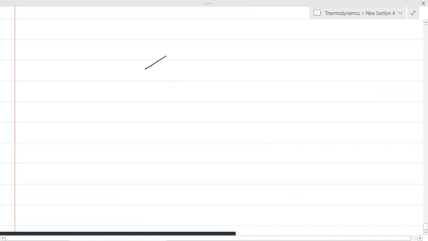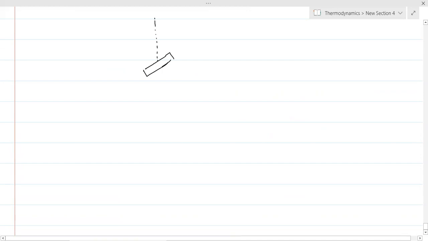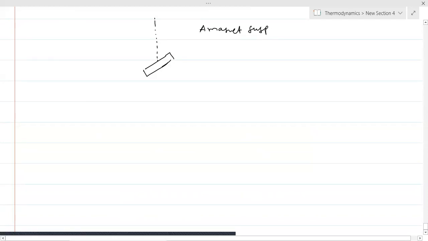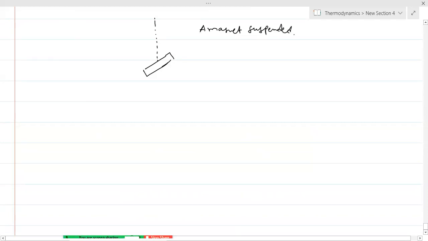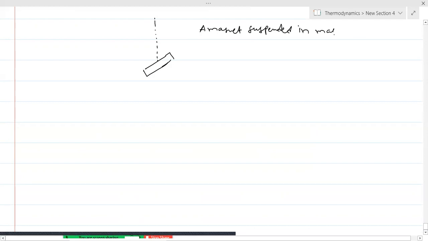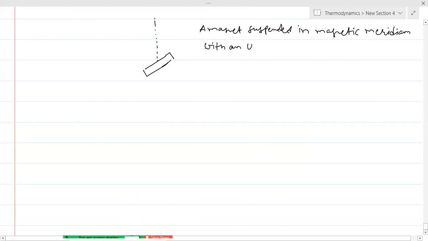we are suspending a bar magnet in such a way that the magnet is suspended in the magnetic meridian with an untwisted wire.